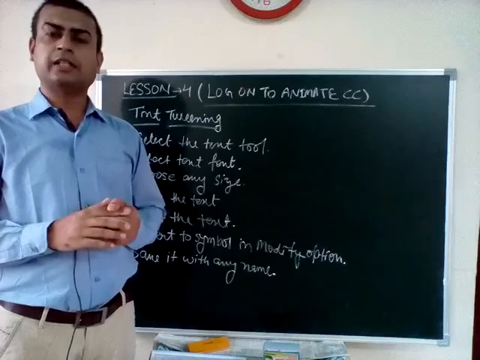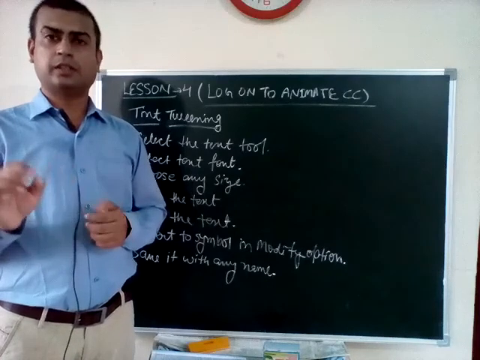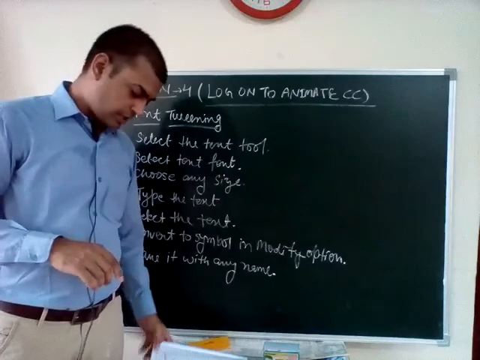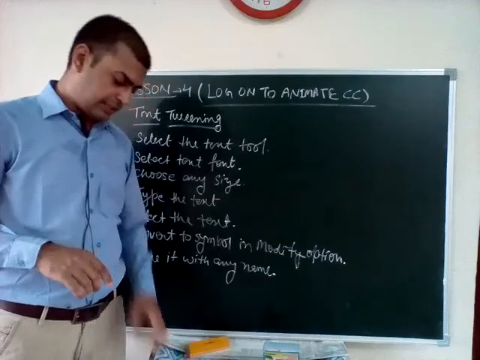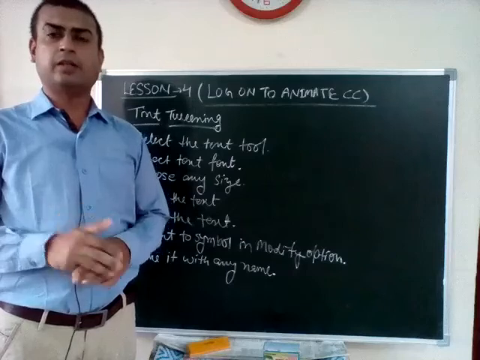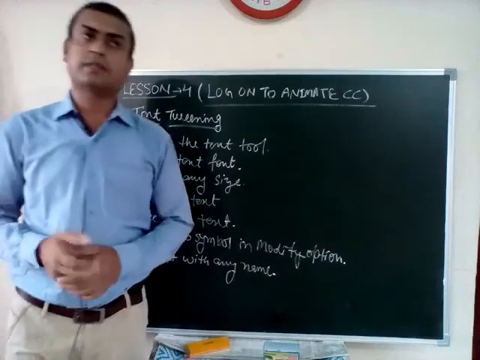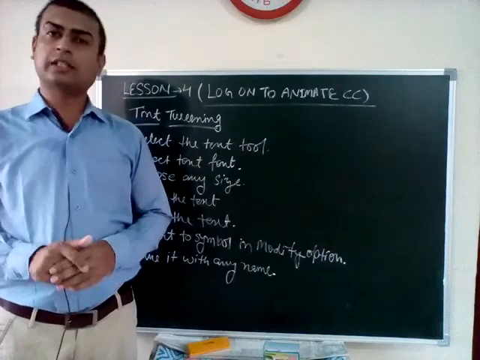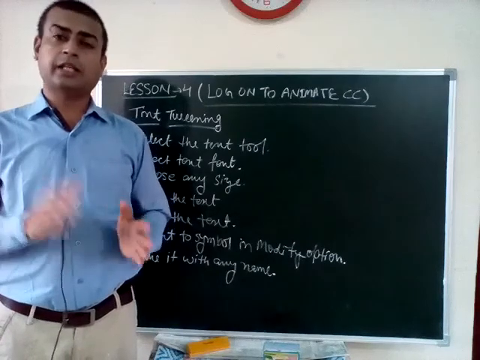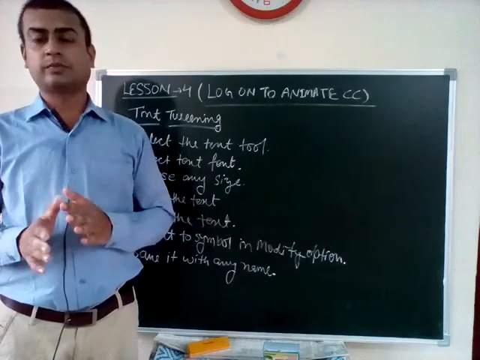From the right hand side you will get the tint tweening option, so click on it. Then at every keyframe, first, then 10th, 20th and 30th, you have to change the color of that photo.